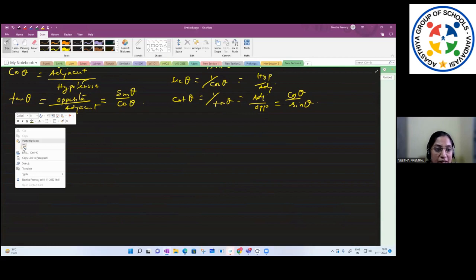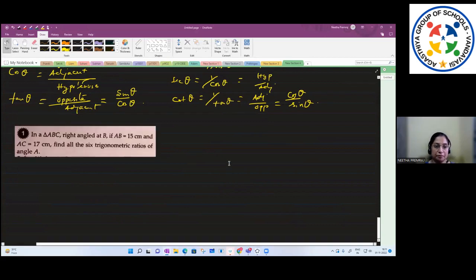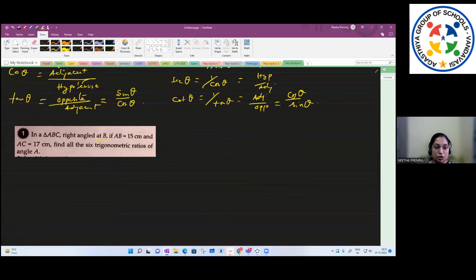Guys, if you have any doubt or it is not clear, you can ask. So this one: in triangle ABC, right angled at B. It is better if you always picturize the sum to get better understanding.